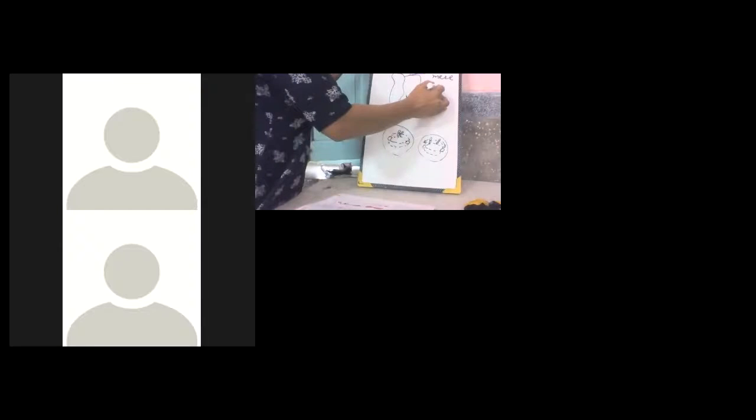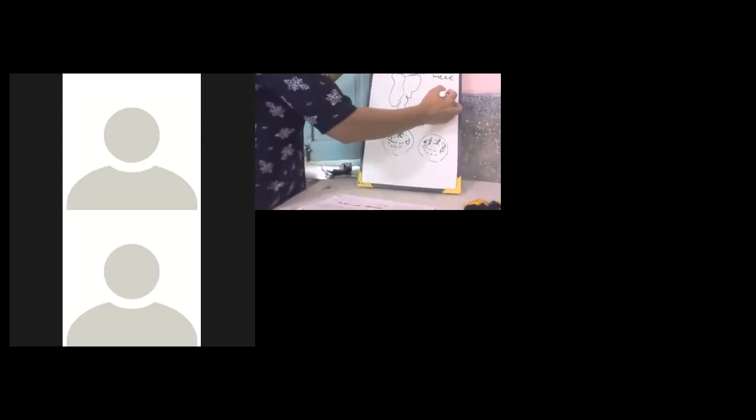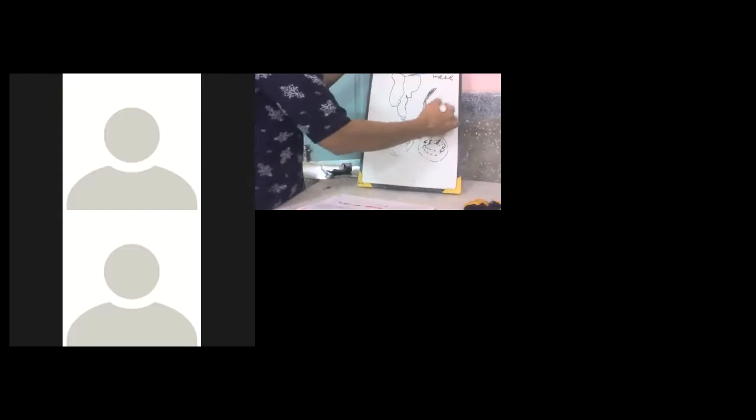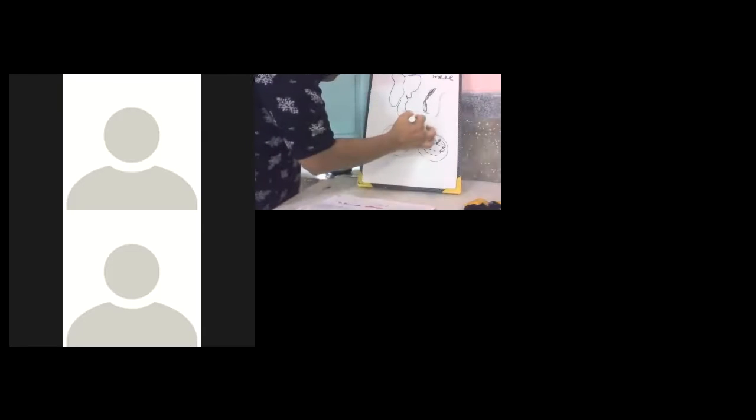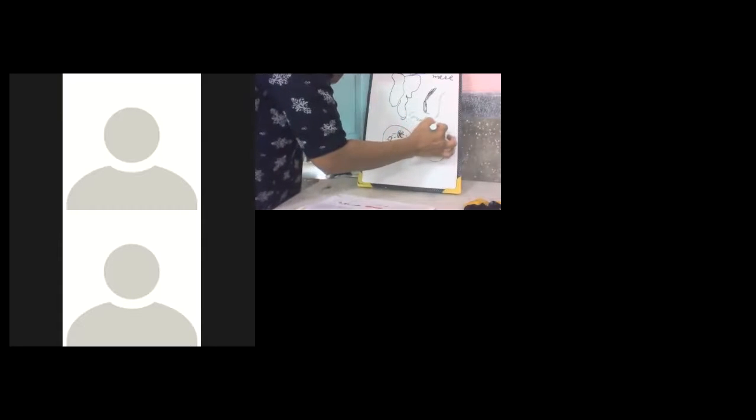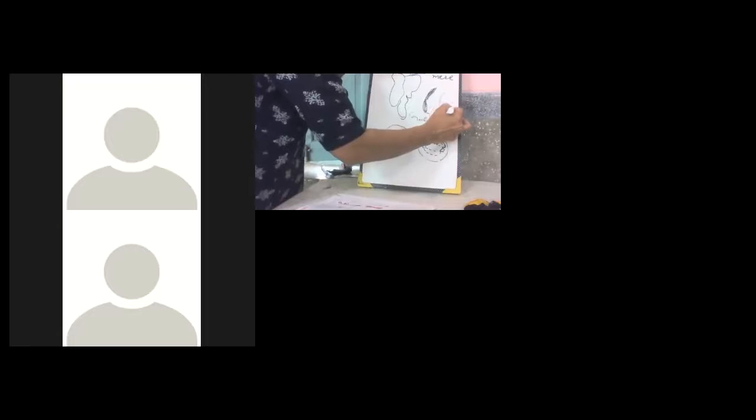In condensed form, they are thick, ribbon-like structures. But when they are not in a dividing condition, they are thread-like structures. This is condensed, and this is decondensed.